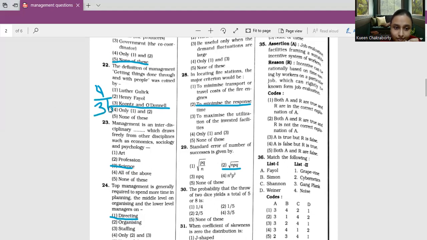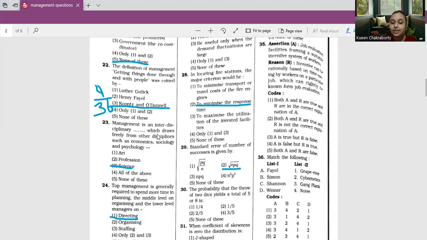So there will be 4 possibilities of getting a total of 5 on both dice.